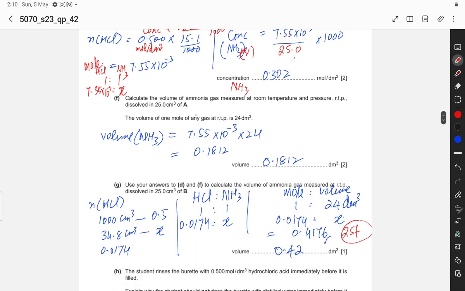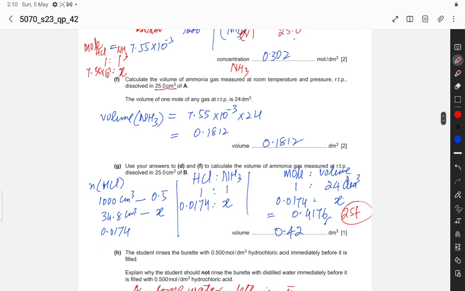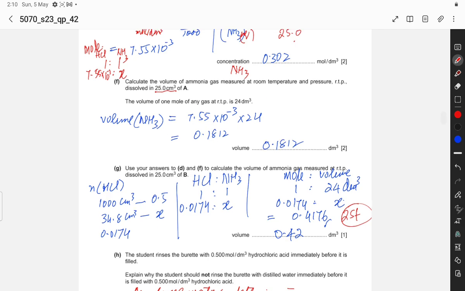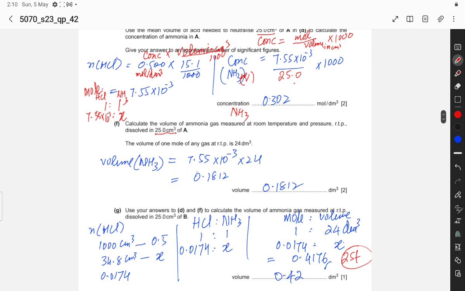Now calculate the volume of ammonia gas, measured at room temperature and pressure (RTP), dissolved in 25 centimeter cube of A. The volume of 1 mole of any gas at RTP is 24 decimeter cube. So mole is equal to volume of gas divided by molar gas volume, which is 24 decimeter cube.